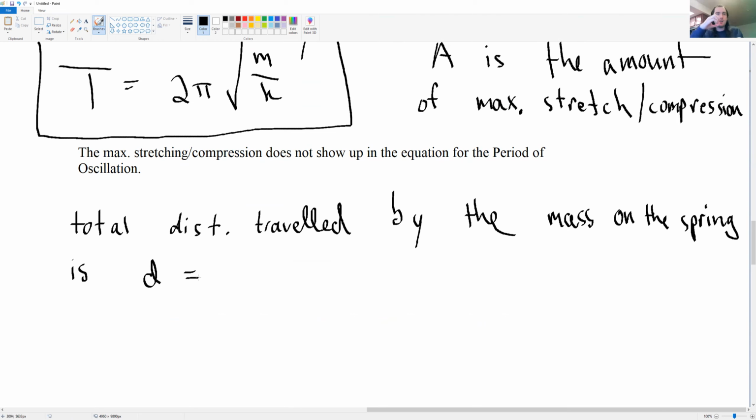If I stretch the spring an amount A, this is a good question for you guys to think about.